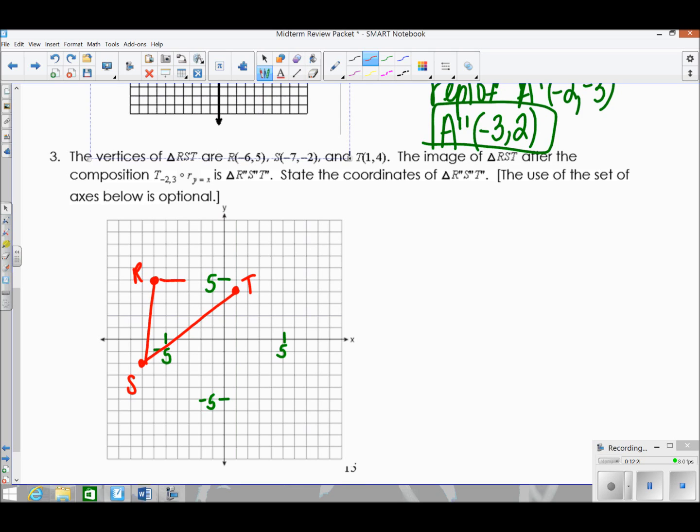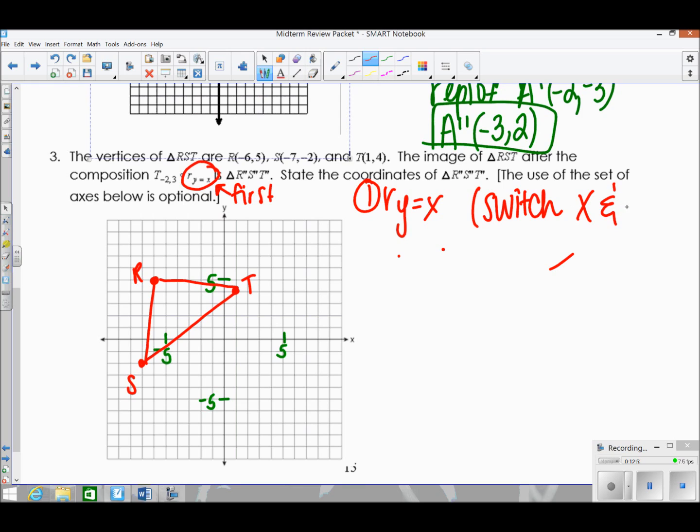And when we look at this composition, the first thing is we are doing a reflection over the line y equals x. So this one, if you're going to remember one rule, this is the rule I would tell you to remember, because this is probably the most difficult one that you actually have to do on your own. All you need to remember is that you're going to switch the x and the y values.